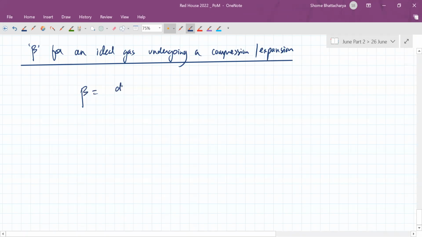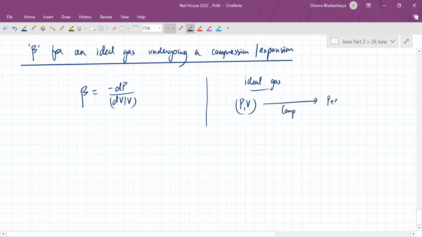It is defined as minus dP divided by dV by V. So what happens is that when an ideal gas at a state of P, V is undergoing a compression, let's say, this is a differential change.